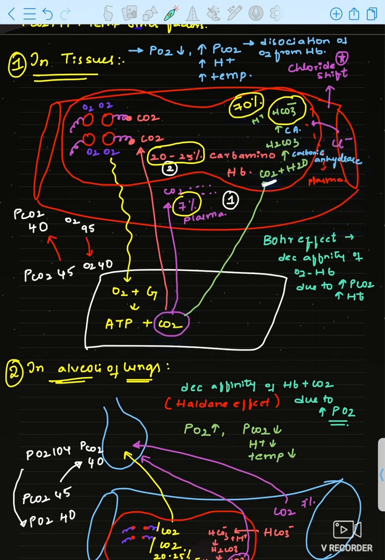So CO2 plus water forms H2CO3 in the presence of carbonic anhydrase, and this H2CO3 forms H+ ion and HCO3-. 70% of CO2 will be in the form of bicarbonate ion, and from RBC this bicarbonate ion will go back to plasma.